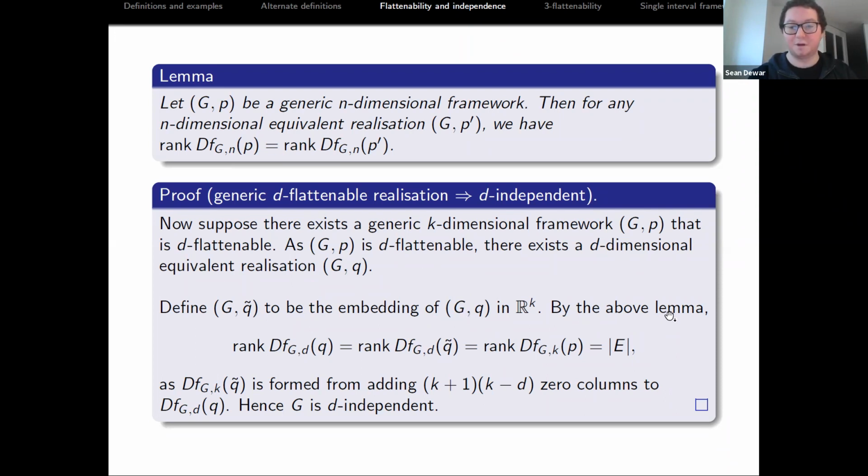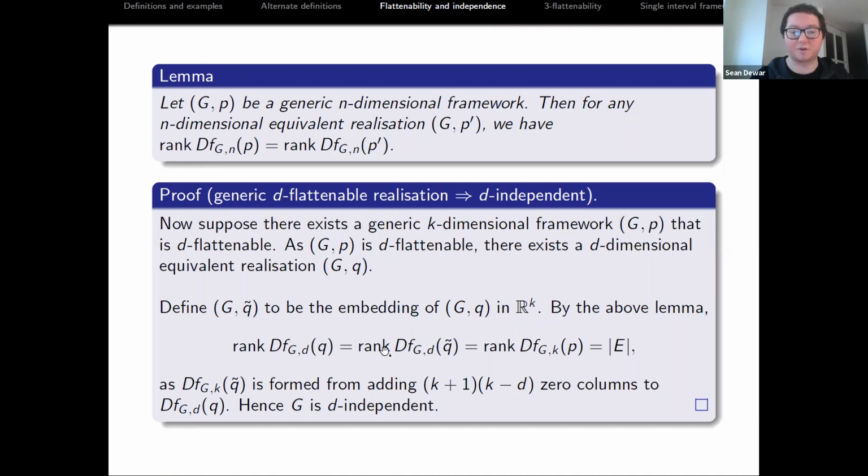Okay. By our above lemma, we know that the rank of the Jacobian of Q is going to be equal to the rank of the Jacobian of Q tilde, with this D being a K right here.